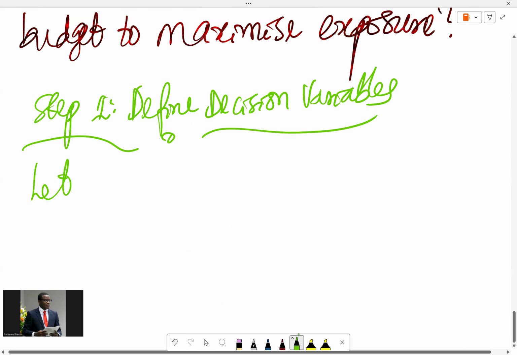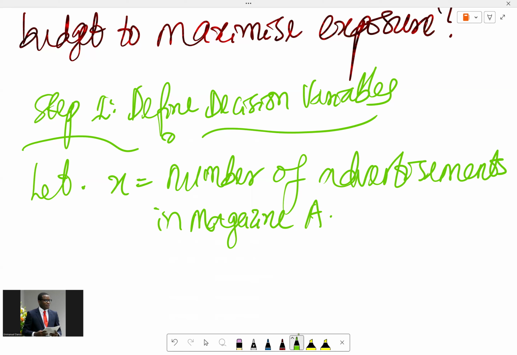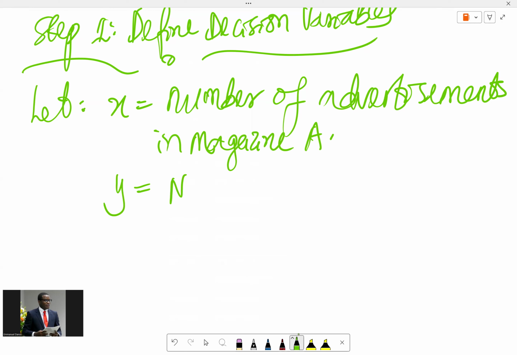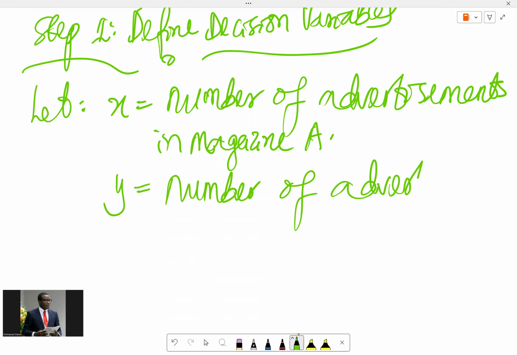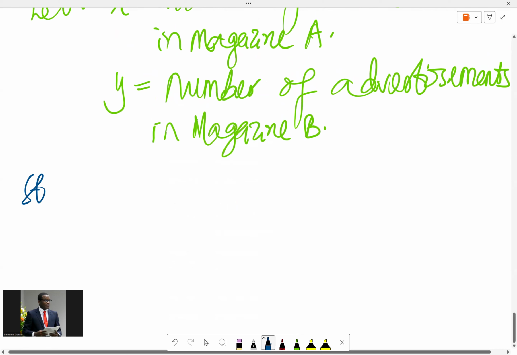Let X be the number of advertisements in magazine A, and Y be the number of advertisements in magazine B. Once that is defined, we can talk about step two.